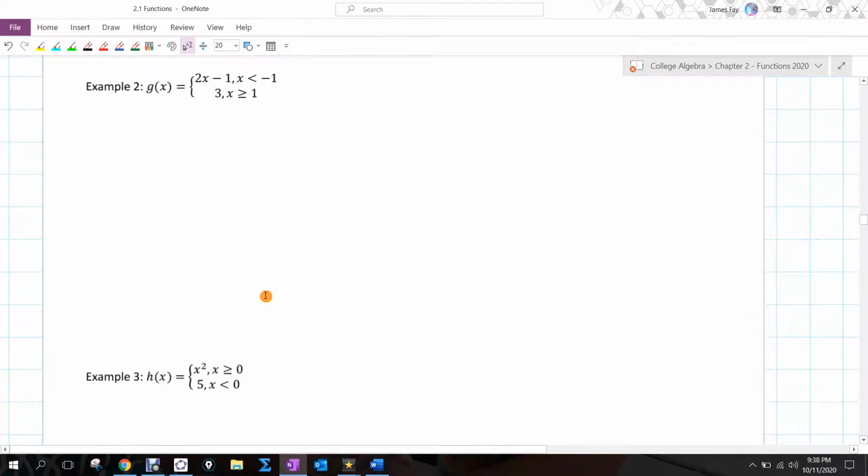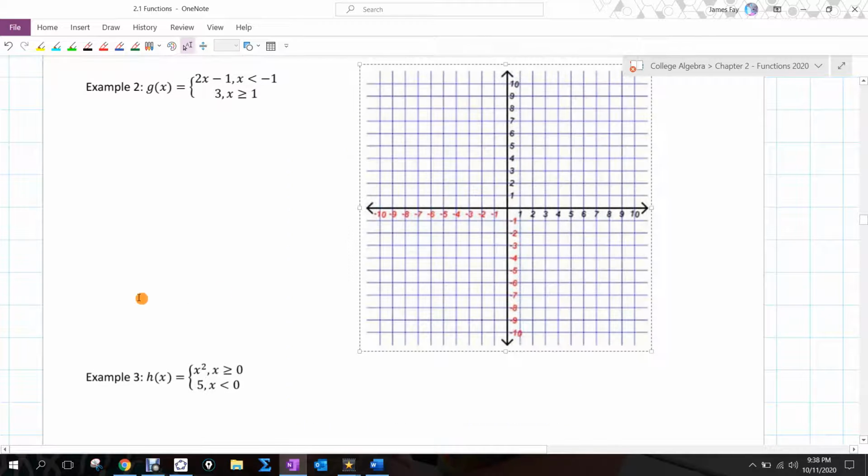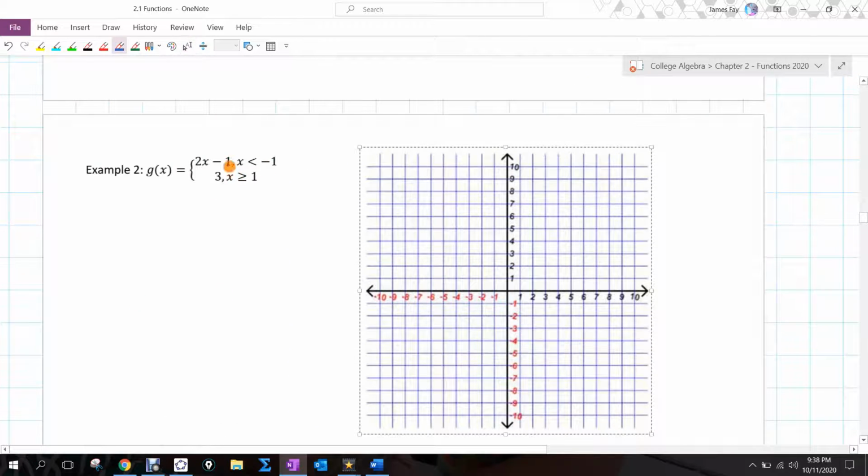This example, same idea. I'm going to remind myself that this is linear, so is this one. So I've got some linear graphing tools at my disposal that we know from the past. I'm going to go to -1, so x is -1.